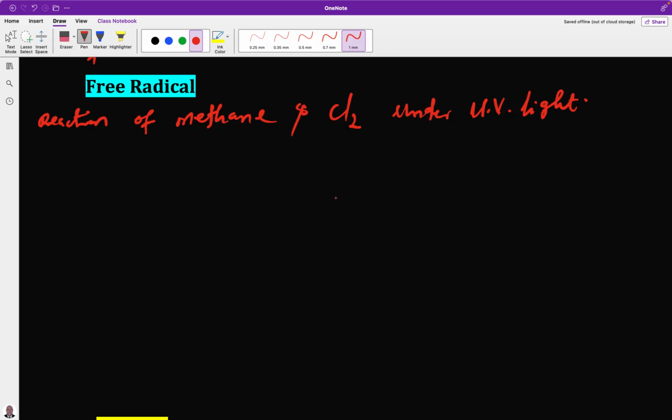Of course, a free radical substitution reaction has three stages. We have the initiation stage, we have the propagation stage, and we have the termination stage.